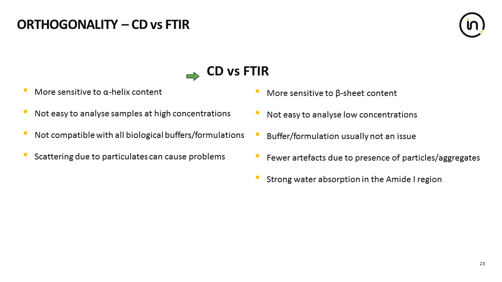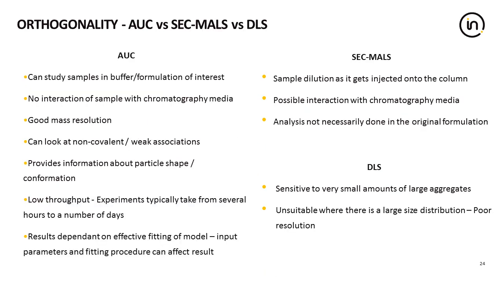Different formulations, different buffers, and different excipients present in a sample might interfere with CD analysis, which again in FTIR is not an issue. And if there are particulates present in solution, there could be scattering of light, and that can cause problems. But this is not an issue in FTIR, where the main issue is actually strong water absorption in the amide I region that is used for secondary structure estimates.